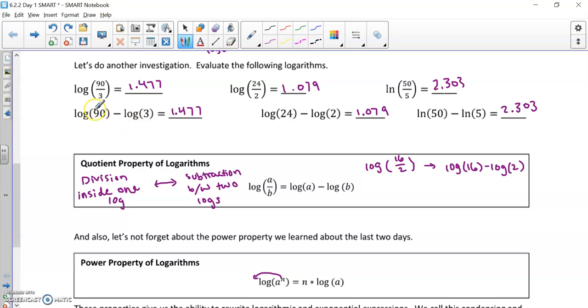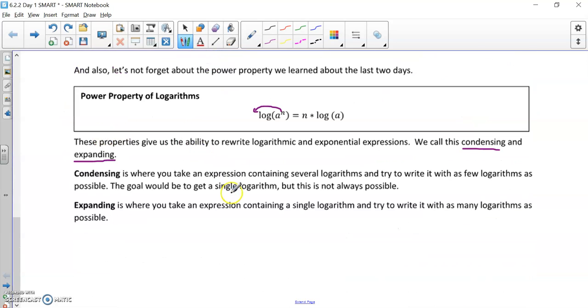I can take those and I can condense them to look like this, which only has 1 log in there. Okay, and then that's where this single logarithm idea comes from. If I tell you to write something as a single logarithm, that means condensing. But, you know, you can't always write it as a single logarithm. You just kind of go as far as you can. You squeeze whatever you can down.